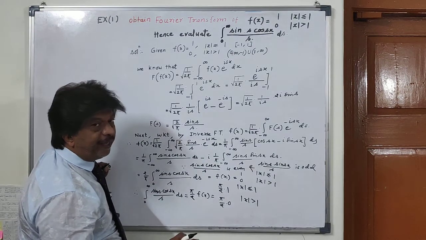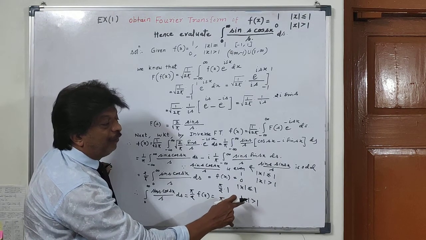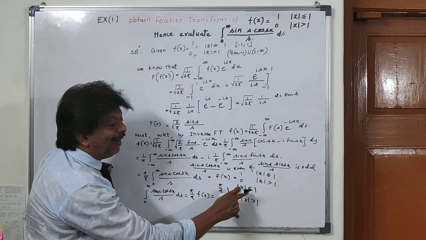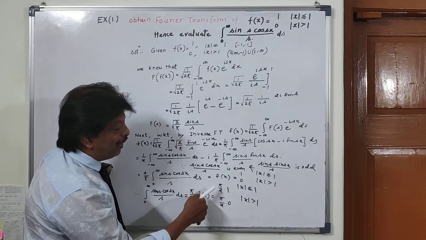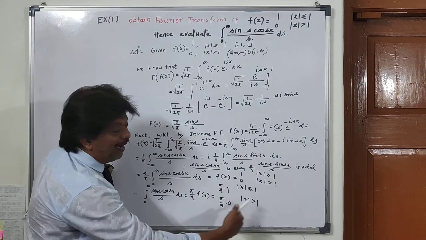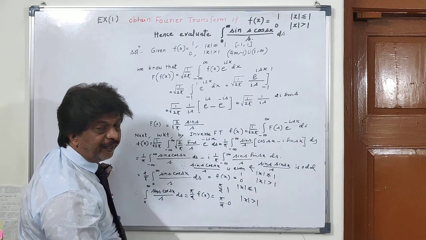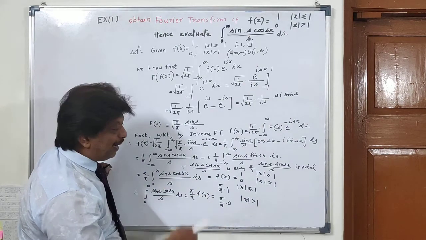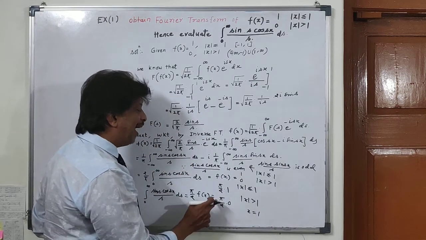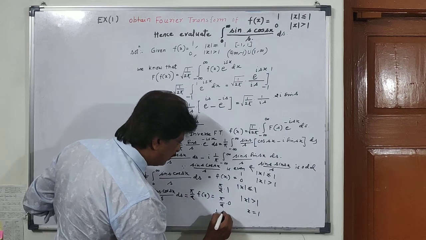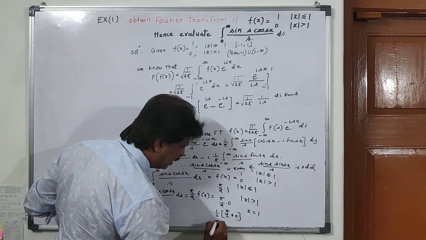The function is discontinuous at x equal to 1, क्योंकि यहां पर फंक्शन x इक्वल टू 1 के लिए डिसकंटिन्यूअस है. इसकी लेफ्ट हैंड लिमिट है π/2 और राइट हैंड लिमिट है 0। दोनों लेफ्ट हैंड राइट हैंड लिमिट अनइक्वल हैं, इसलिए डिसकंटिन्यूअस एट x इक्वल टू 1। इसलिए एट x इक्वल टू 1, नोट दिस, ये फंक्शन की वैल्यू होगी दोनों की एवरेज वैल्यू, 1/2 टाइम्स π/2 प्लस 0, दैट इज π/4.